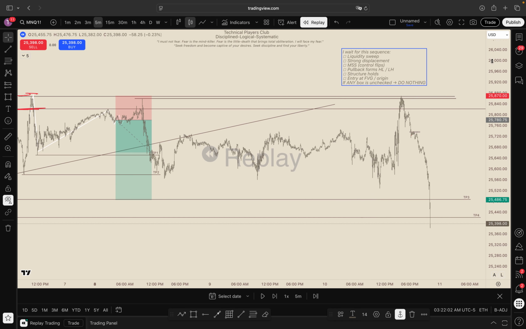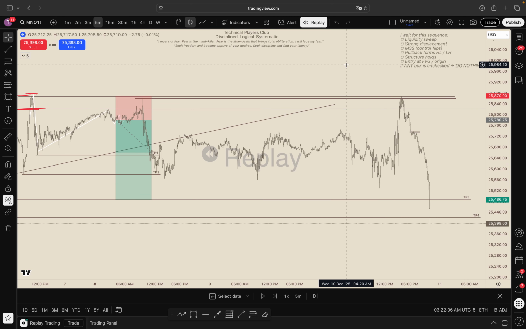Look, here it is right here. I wait for this sequence. Liquidity sweep. Let me just number it. Let me get the brush out. We have number 1, the liquidity sweep. We have number 2, the displacement right there.